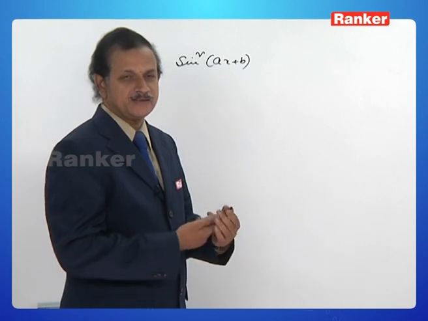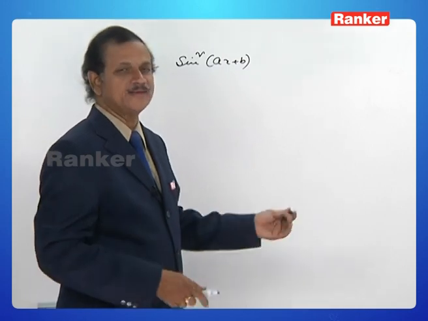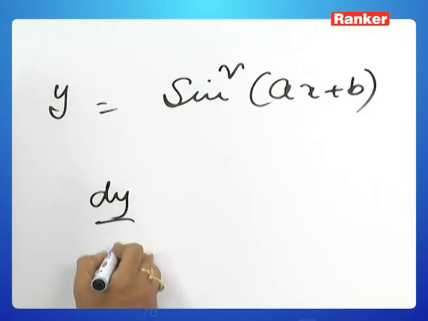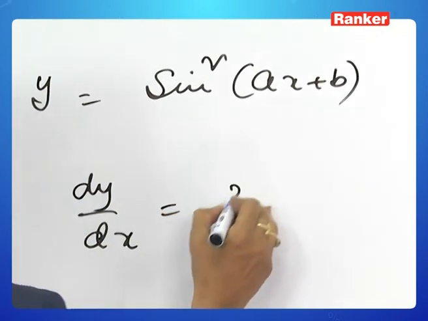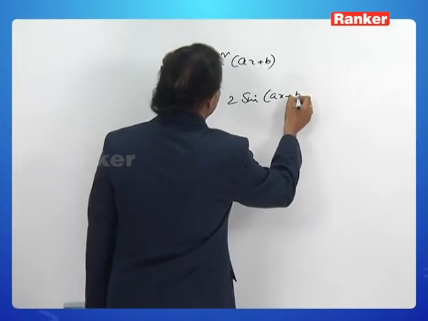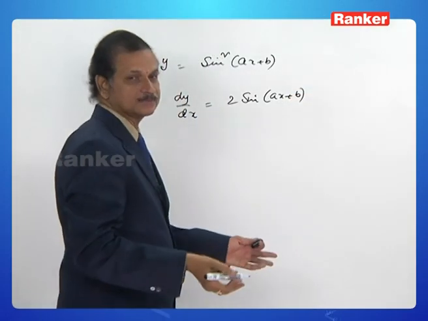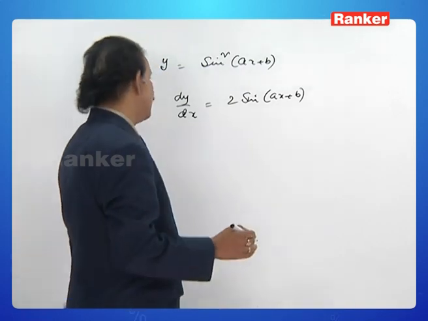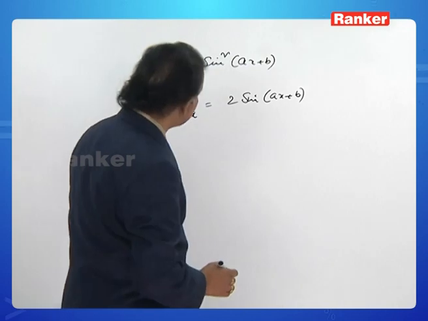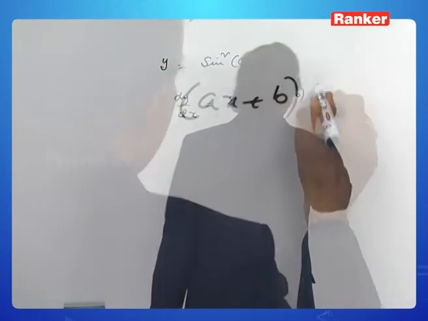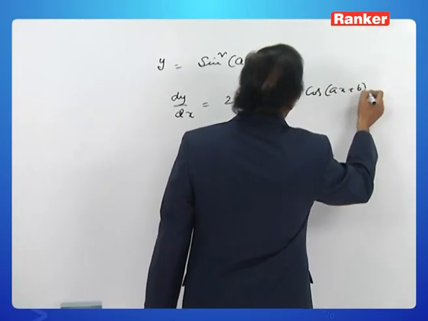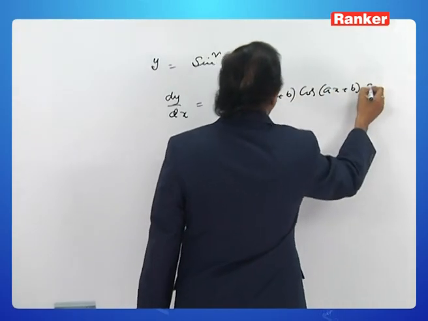Well, let us find the derivatives one by one in an order, so that dy by dx is therefore equal to 2 sine of ax plus b, thinking sine ax plus b as x. Now it looks like x square, derivative is 2x, and then for sin x it is cos x, that is cos of ax plus b, into, for ax plus b, it is a.